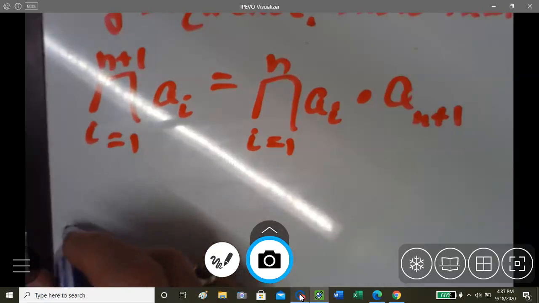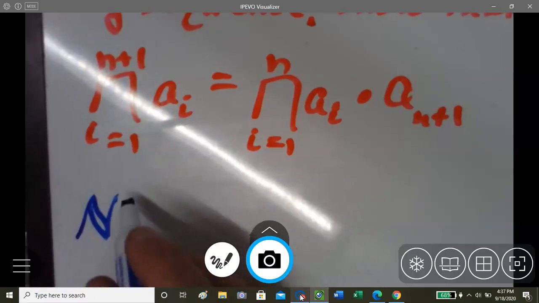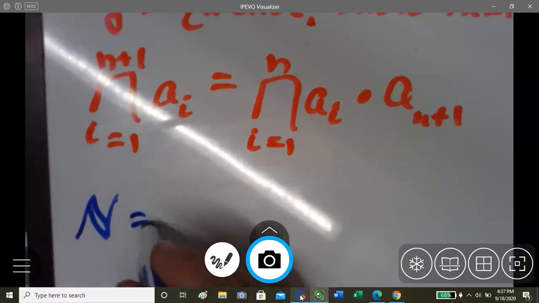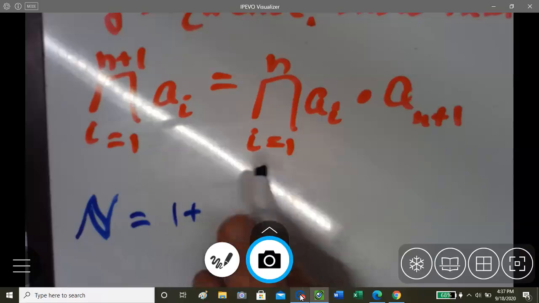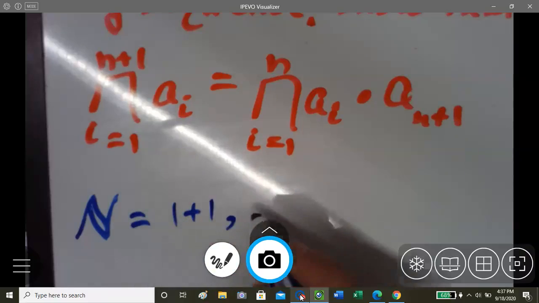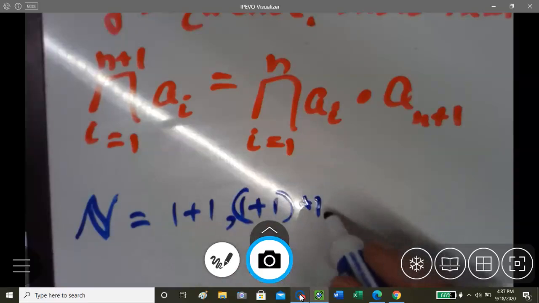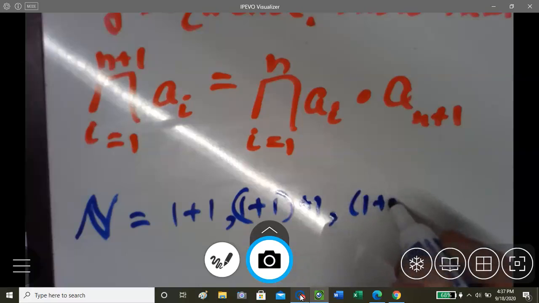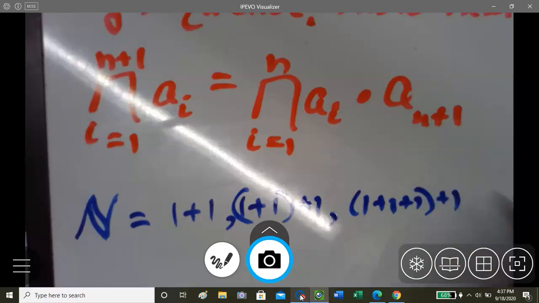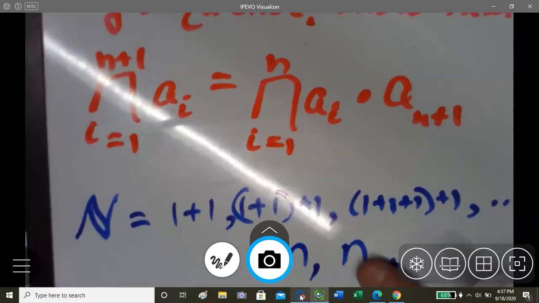The natural numbers set is equal to 1, and then 1 plus 1, and 1 plus 1 plus 1, and then one more, and so we keep going till we get to some number n, and then we have n plus 1.